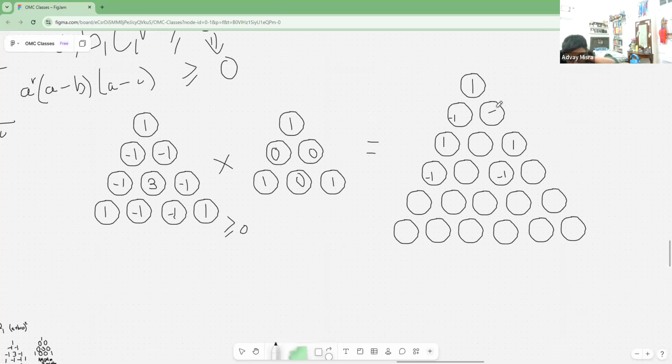Then this one minus 1, minus 1, minus 1. Then this one minus 1. And then this 3.